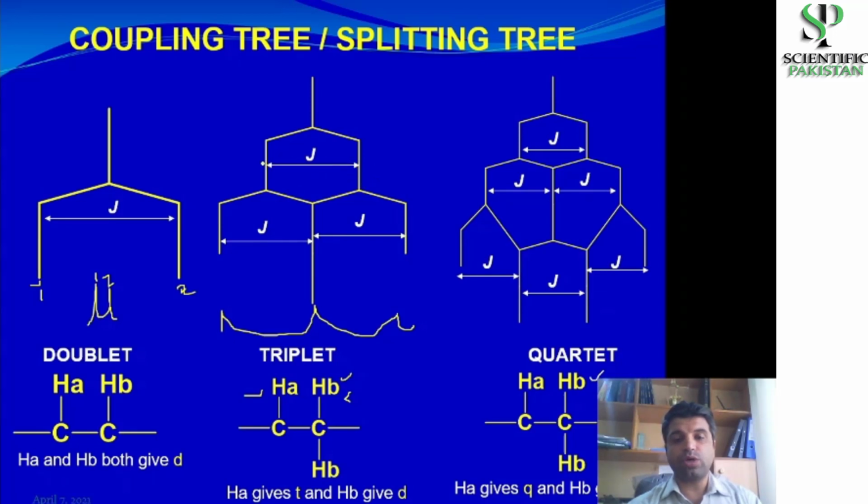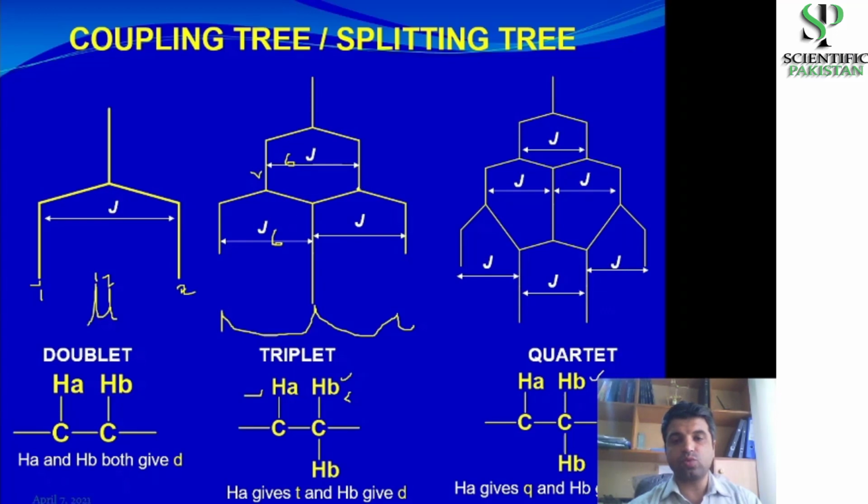Now how will you know what is the splitting between these 2? You know that when these 2 lines were split, they were split with the same magnitude as the first one. So if this was equal to, say for example, 6 Hertz, this is also equal to 6 Hertz. To split this line by 6 Hertz, this line has to move 3 Hertz to the left and 3 Hertz to the right.